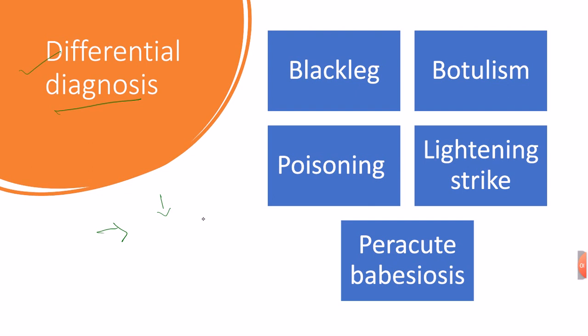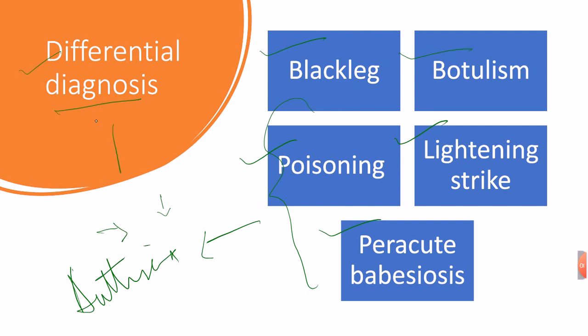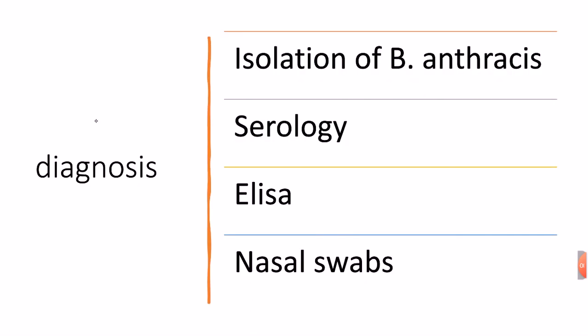So due to the symptoms, a veterinarian may assume that it could be blackleg, botulism, poisoning, lightning strike, or peracute babesiosis as well. From all this, we have to narrow our information down to one thing. At the end of the day, the veterinarian confirms that it is anthrax. That is with the help of the differential diagnosis.